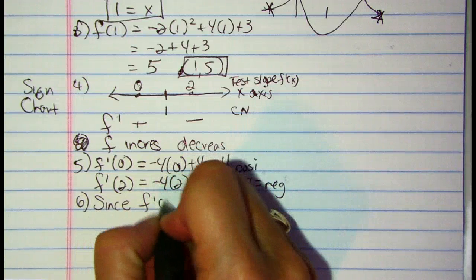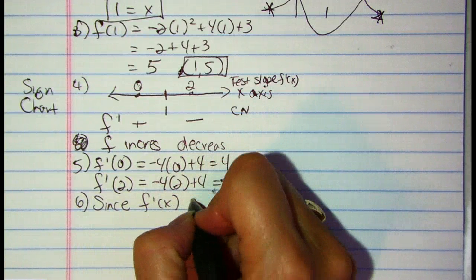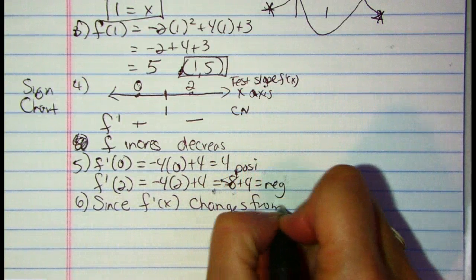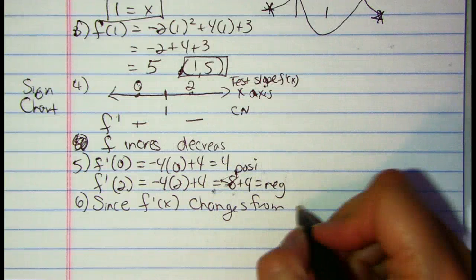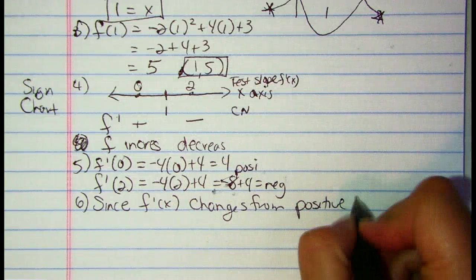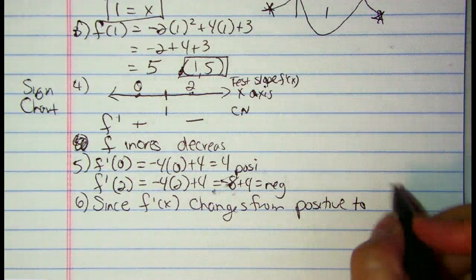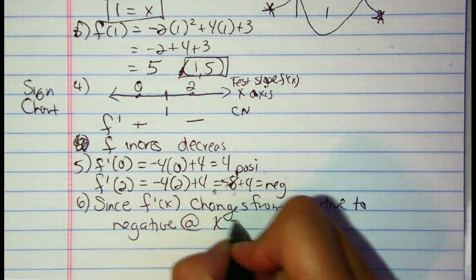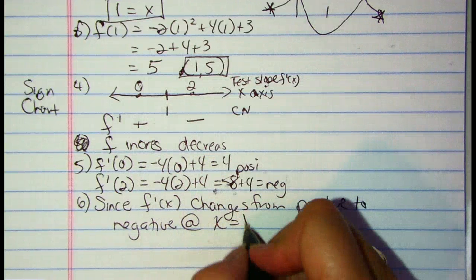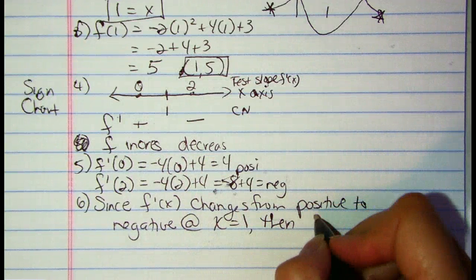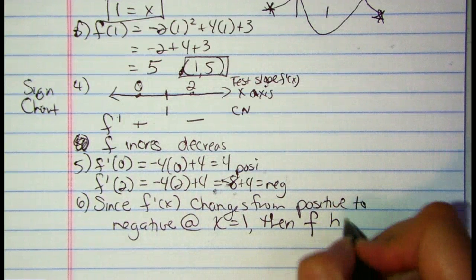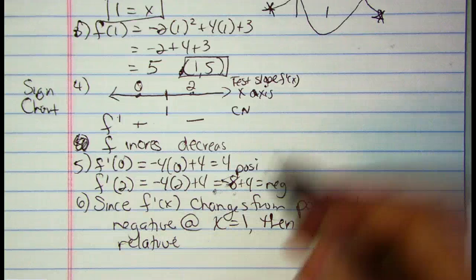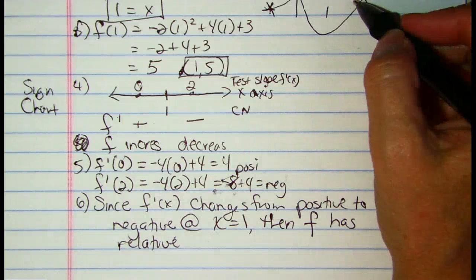Since the slope f prime of x changes from, okay, right here, changes from what? Positive to negative at x equals where? At 1. Then f, my original function, has a relative, well, let's see, from my picture it looks like a relative max.